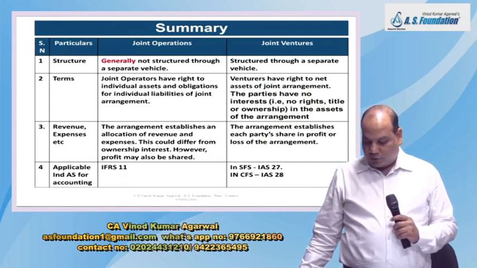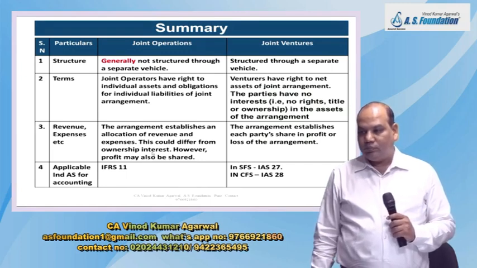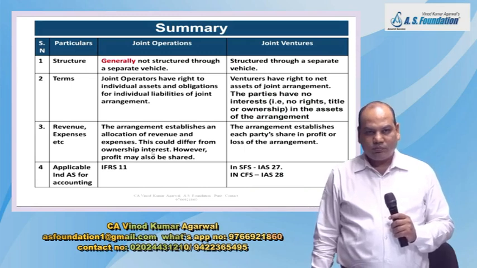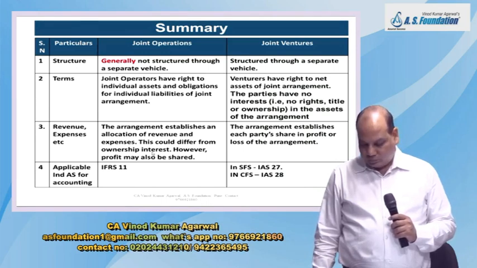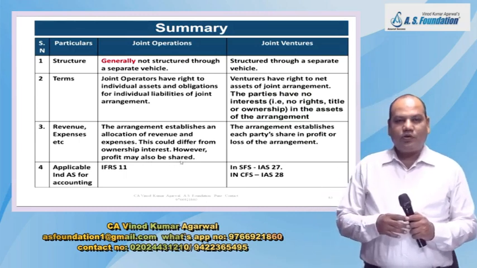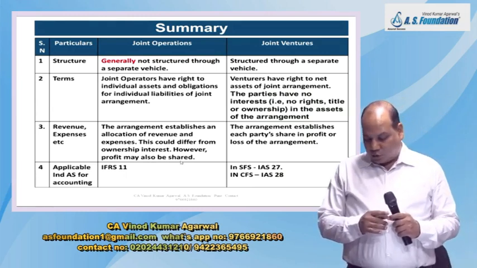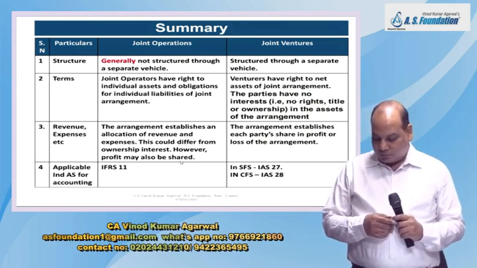This could differ from ownership interest. However, profit may also be shared. But there is no restriction that profit will not be shared. But normally they allow you to share revenue and expenses.